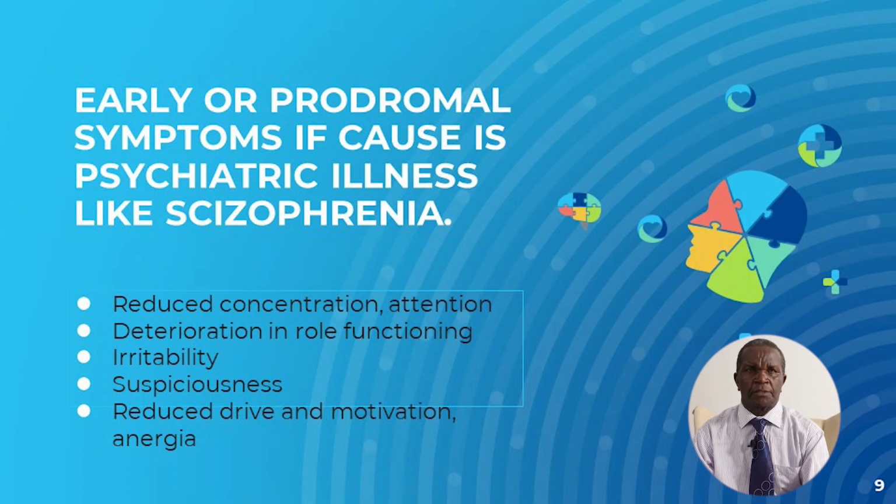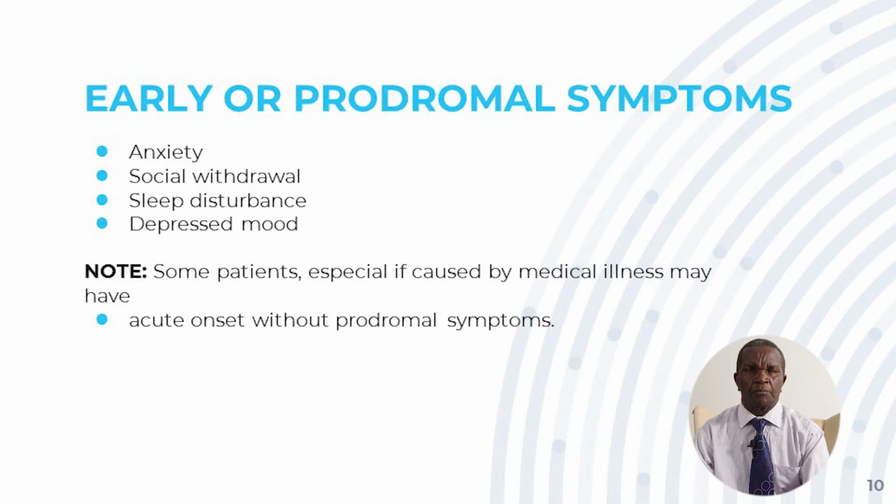There is also irritability, suspiciousness, reduced drive and motivation, and anergia. Some patients may also have anxiety, social withdrawal, sleep disturbance, depressed mood, and some patients, especially if caused by medical illness, may have acute onset without prodromal symptoms.